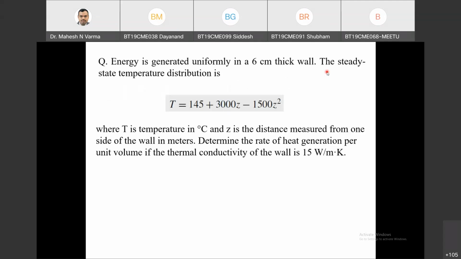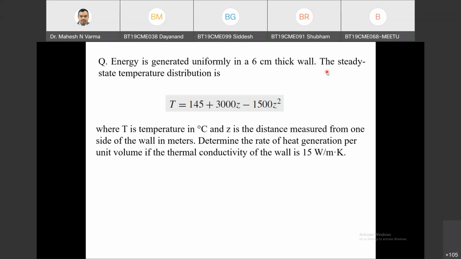Okay. So now this is important. Here a little input is needed. That's all, little input, not more. Energy is generated uniformly. The thickness of the wall is 6 centimeter. A temperature distribution is given: T equals 145 plus 3000 Z minus 1500 Z squared.